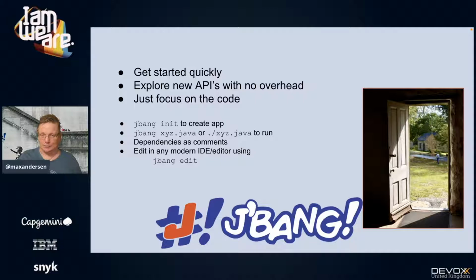I can just explore. I can run it on any laptop out there. I don't have to have anything set up. So I can explore a new API, I can focus on the code, I can use it to report bugs, I can give a one file example in docs to run. It's much simpler than the typical Maven Gradle setup.